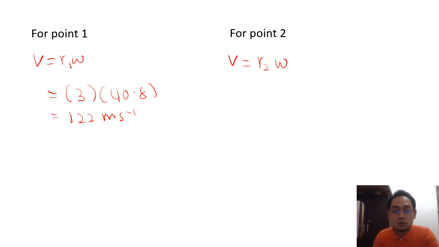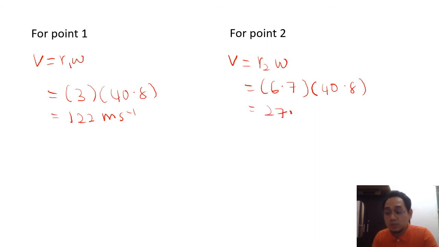For point 2, the radius is 6.7 meter, and the omega that we calculated from the previous slide is 40.8. Put these values into your calculator and you will get the answer, 27.33 meter per second. So this is A.